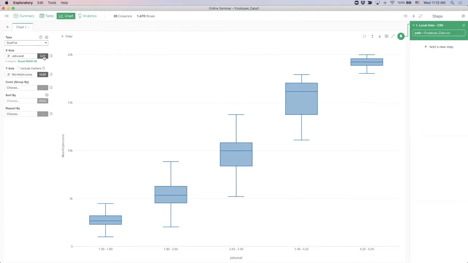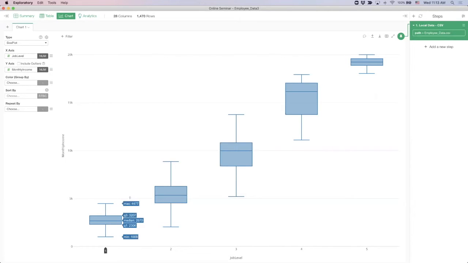I'm going to switch this x-axis calculation so that instead of categorizing the numeric, I just present the numeric as numbers in the original values: 1, 2, 3, 4, 5. That's the job level, and once you know the job level, you can tell the range of the monthly income better.